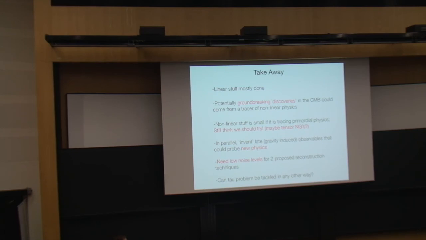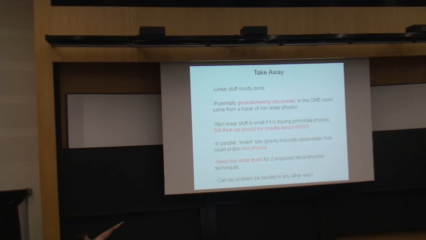But as we've seen in the last couple of days, there might be large interactions in the tensor sector, and that would lead to large non-Gaussianity there. So we should definitely try. At the same time, we should come up with new gravity-induced observables that probe new physics. Here I showed two examples to get to the neutrino mass, and one to get to the intrinsic dipole. They need low noise levels, but I think they are still interesting by themselves.